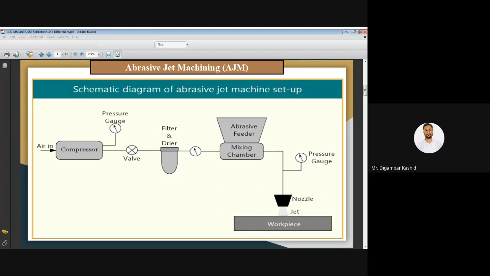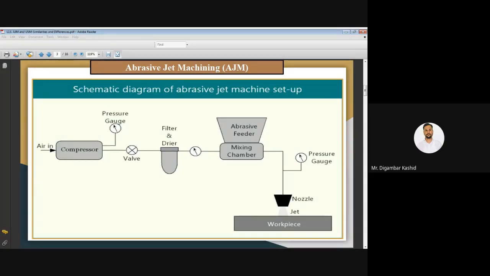And the main purpose of the nozzle is to convert the pressure energy of the mixture into kinetic energy. Also this nozzle will direct the high velocity jet towards your workpiece.